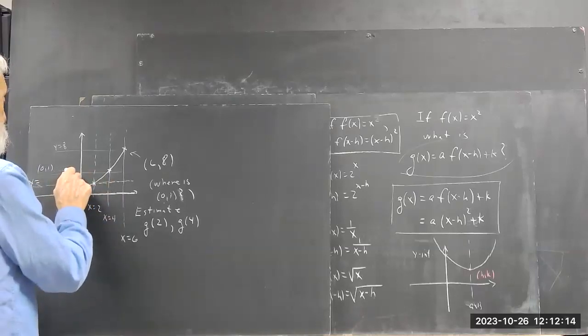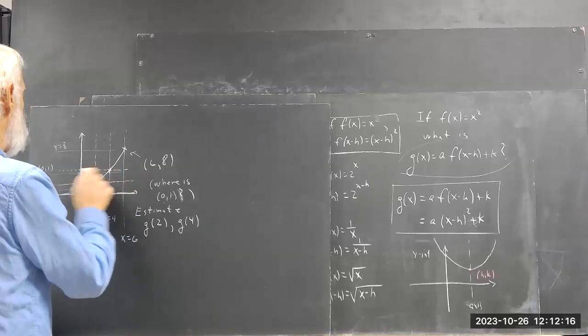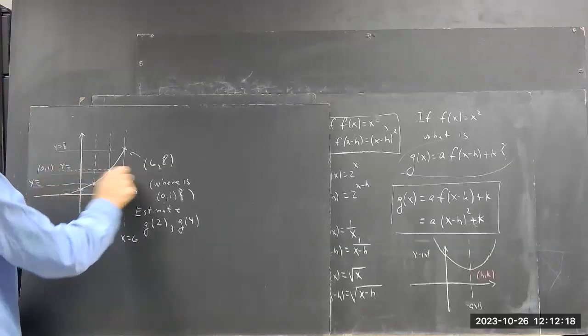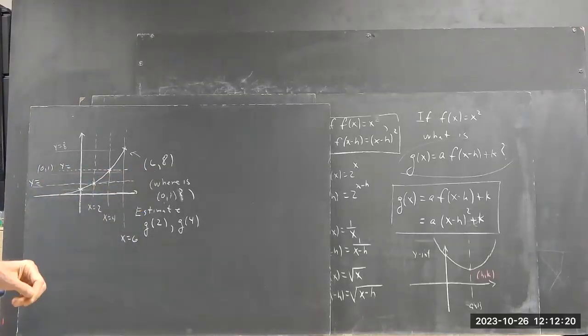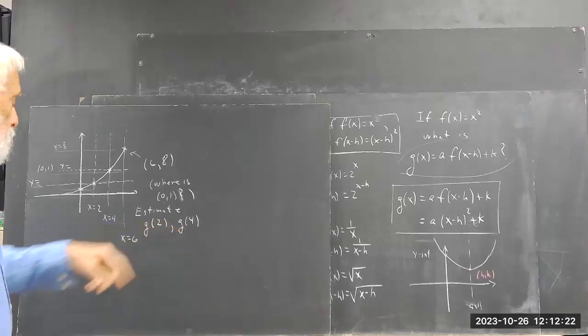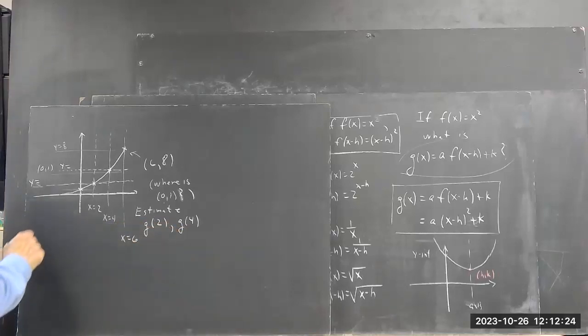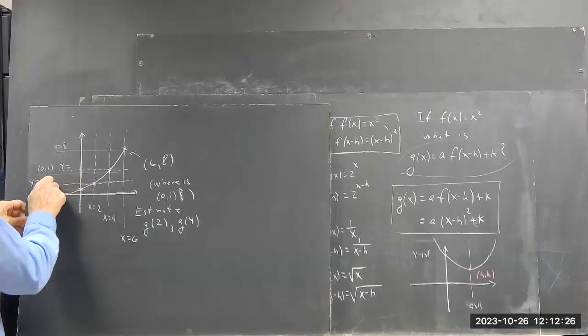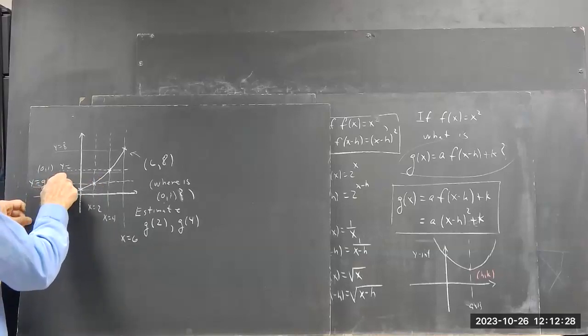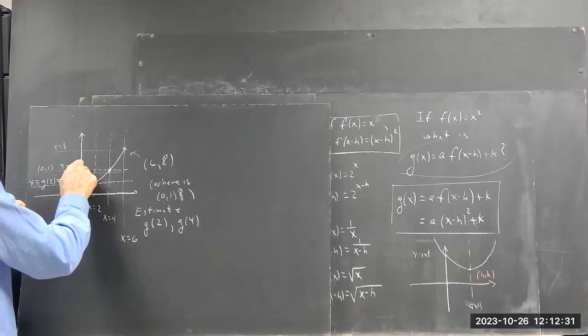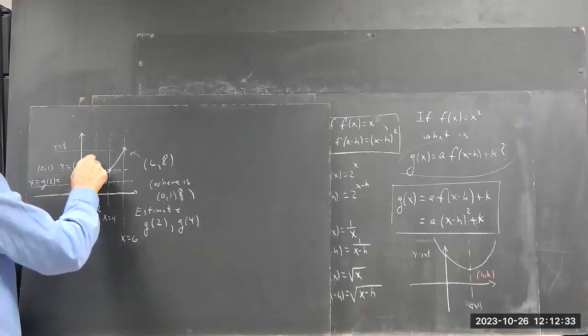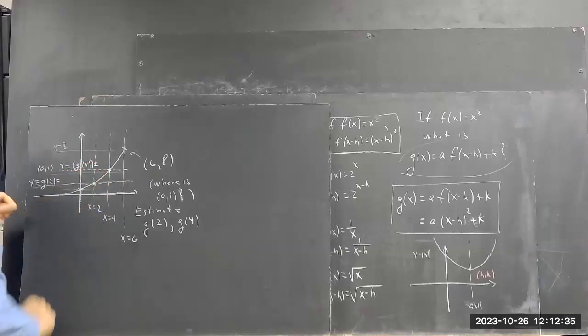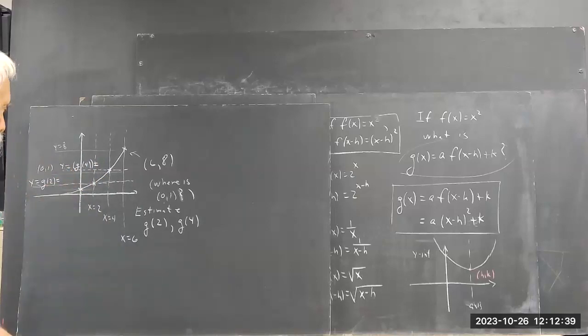You're going to get a y value on this dotted line, and that's going to be your G of 2 and your G of 4. So the y you get here is your G of 2, and the y you get here is your G of 4. So what are your estimates?